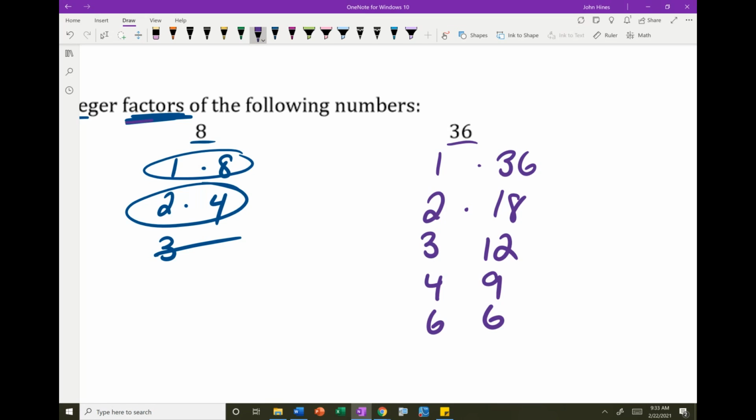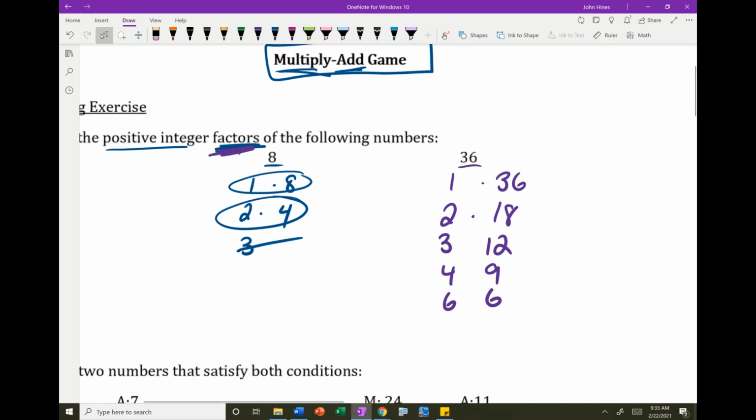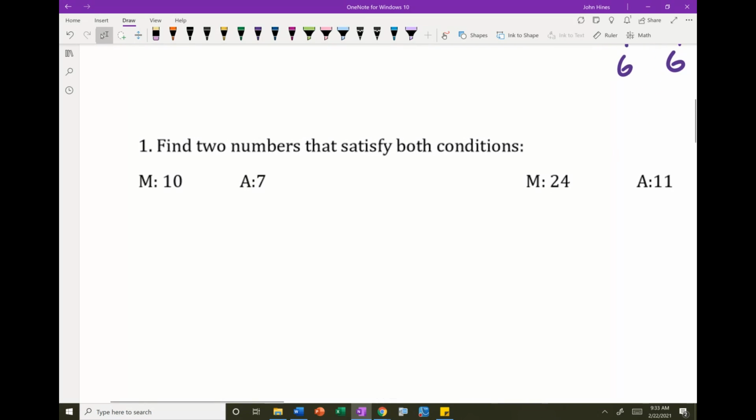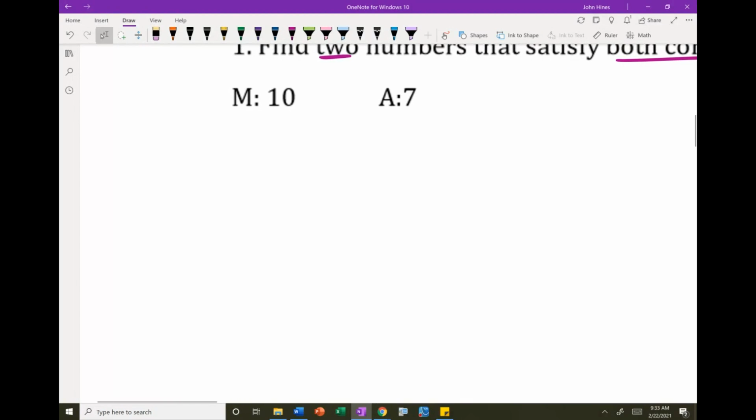And we're going to need our factors today when we play this add multiply game. So I'm going to be asking you to find me 2 numbers that satisfy both conditions. So what multiplies to 10 and also adds to 7. So we focus on our multiply. What multiplies to 10?